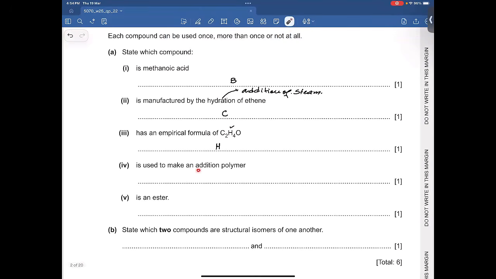Is used to make an addition polymer. Remember always, addition polymer is always formed when alkene monomer undergoes addition polymerization. So alkene forms addition polymer.